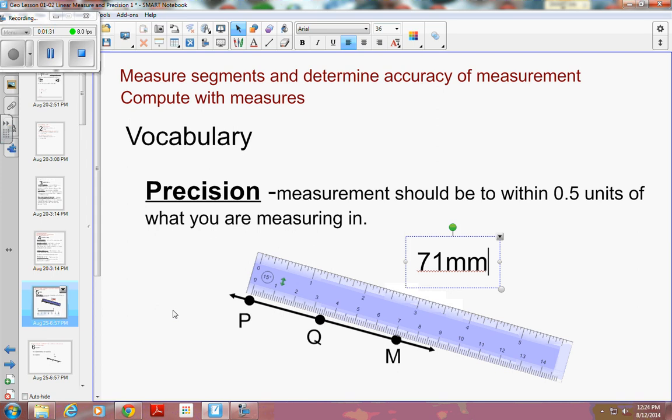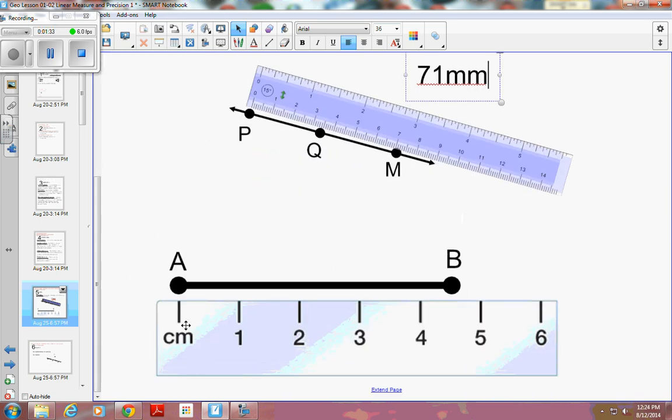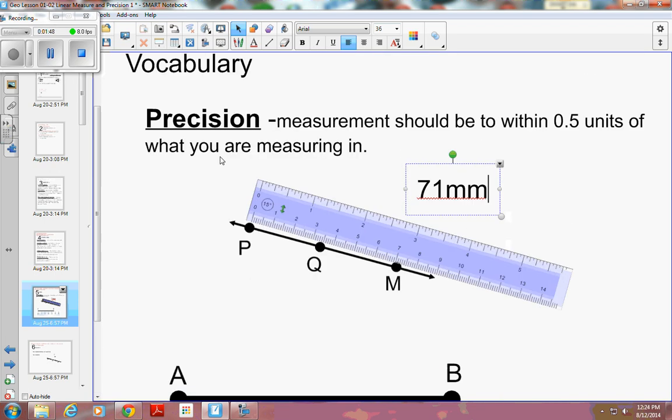If that didn't make sense, let's look at another example. So down here, I've removed the millimeter marks off my ruler, and so all I've got are my centimeters. And you can see that point B, endpoint B, is somewhere between 4 and 5. And we're not sure where. Precision means I need to be within the half unit.